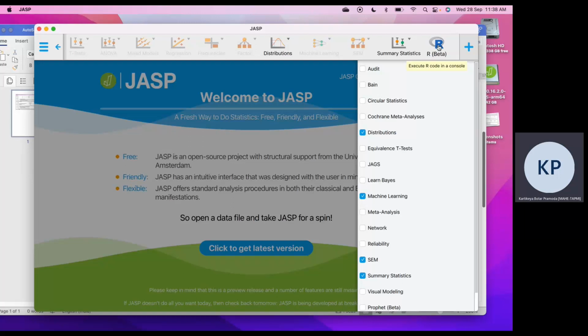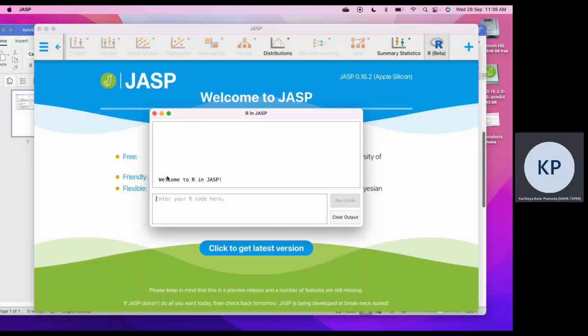So you can click on this R beta, and you get "Welcome to R in JASP". You can always provide the code out here, and you can write the functions which are already part of the default R library.